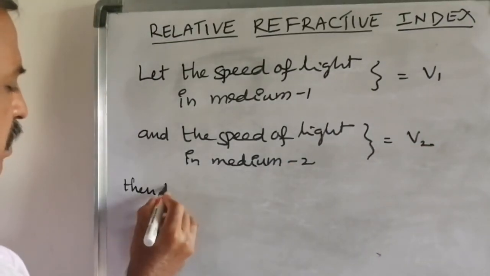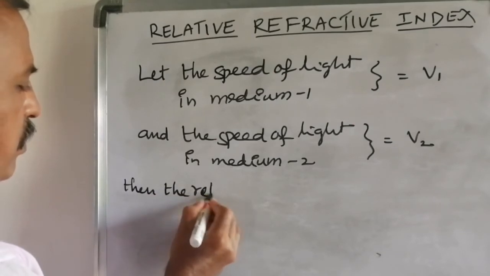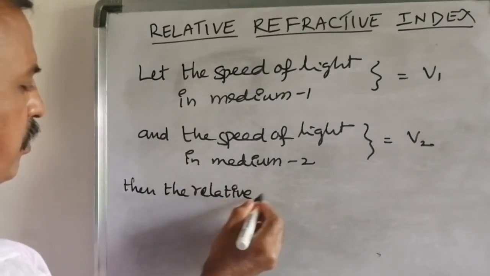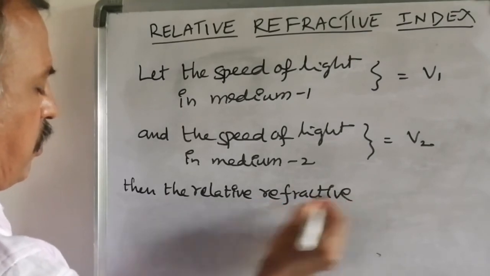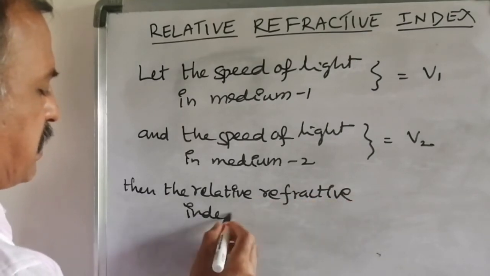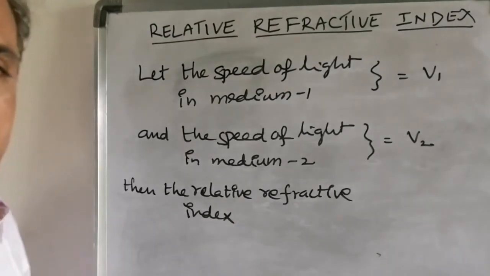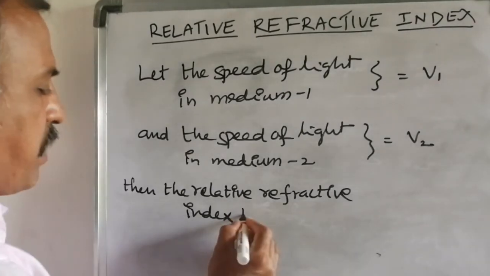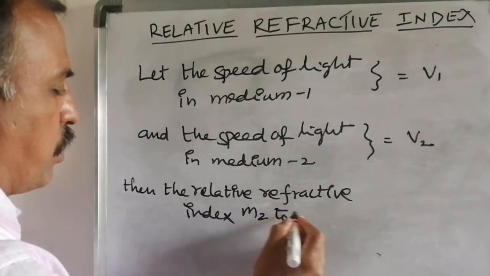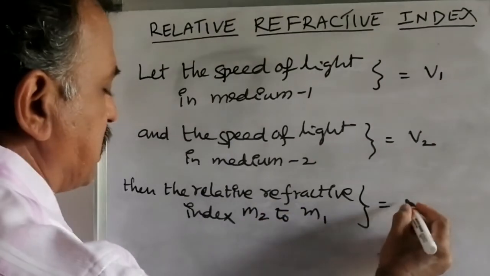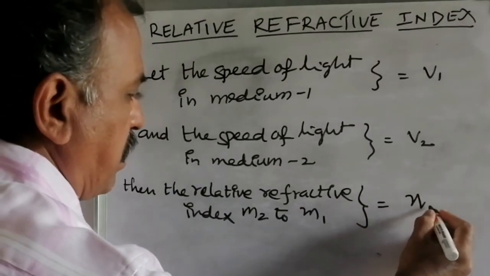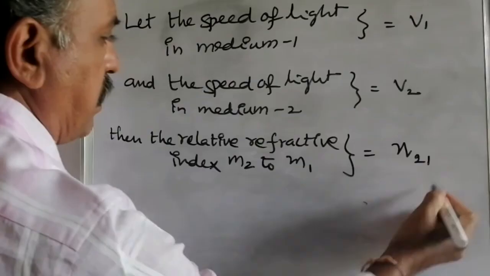Then the relative refractive index of medium 2 with respect to medium 1 is taken as n21.